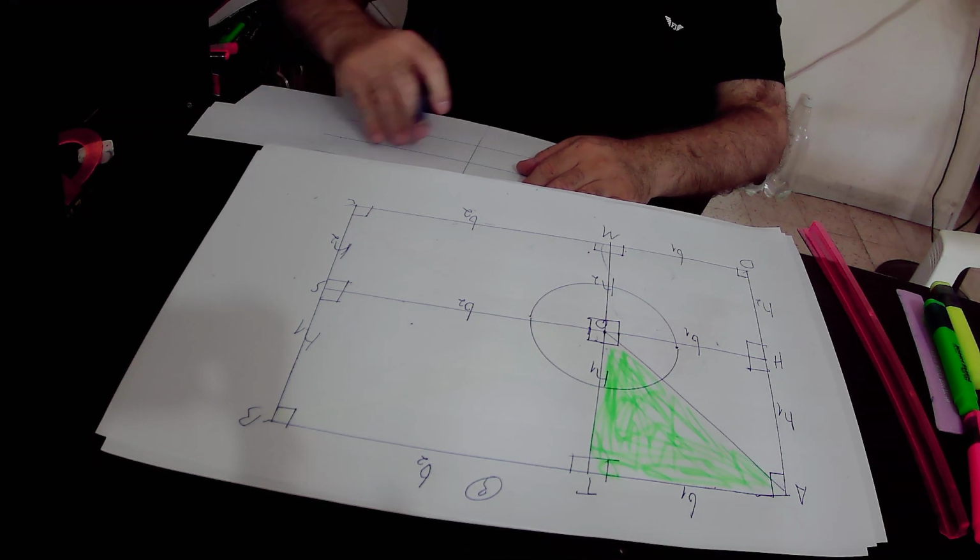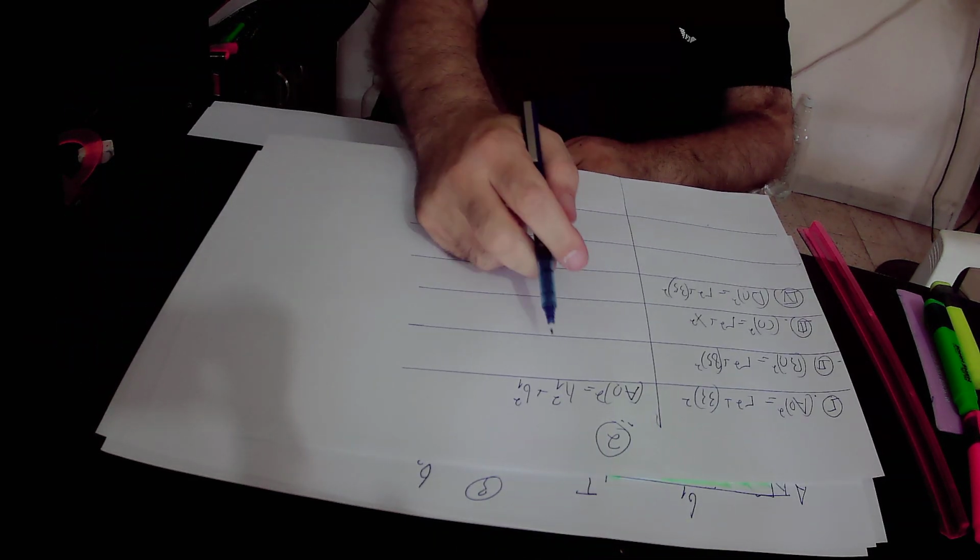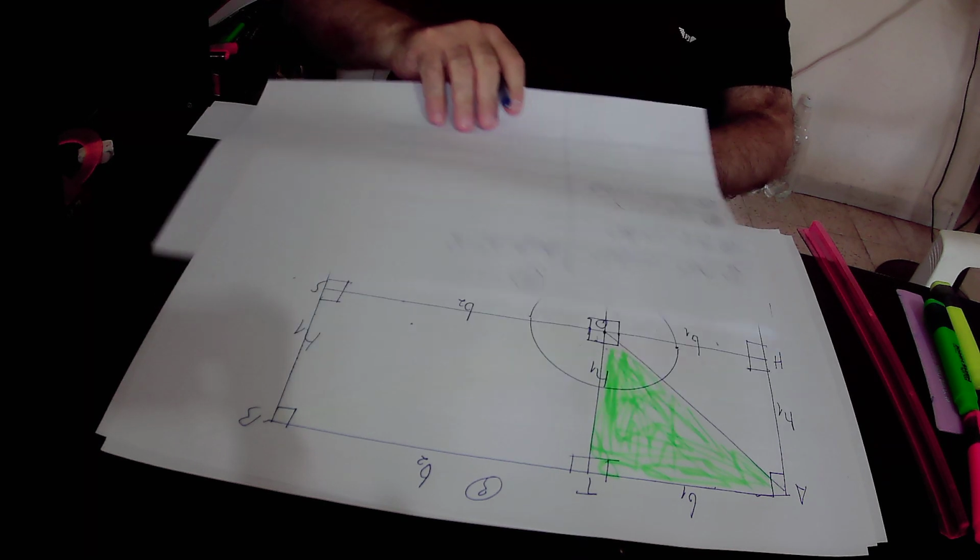Repeat again, the green right triangle, triangle ATO, AO square equals H1 square plus B1 square.